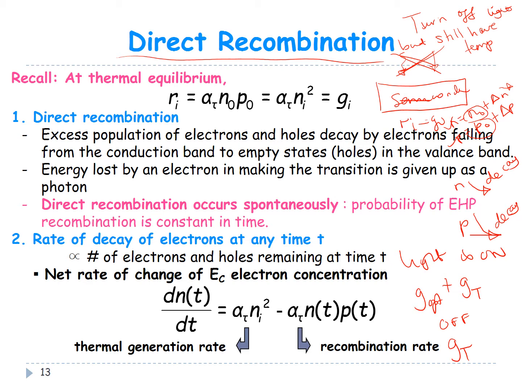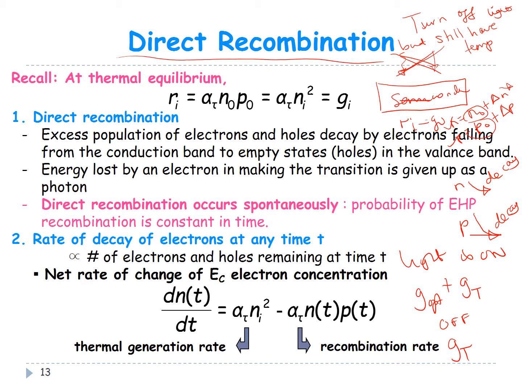That's what we are talking about when we say excess carrier lifetime, or when we talk about direct recombination. We are saying this in the context of excess carriers decaying after the excitation is removed or the excitation is turned off.